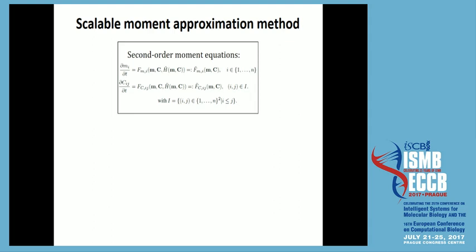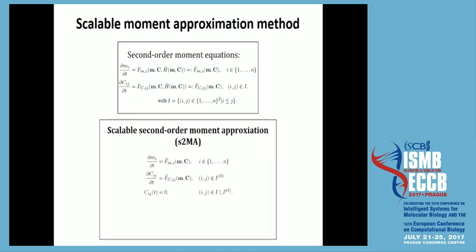So now we can finally properly derive this. Again, I'm summarizing the second-order moment equations here, where means and variances are written as functions of means, covariances, and higher-order moments. By applying some moment closure technique, these higher-order moments are then replaced by functions of means and covariances, and can be written in this closed form.